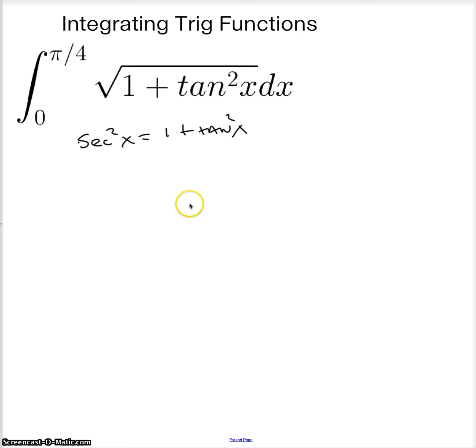Can I do that? Well, of course I can. So this becomes the integral from 0 to pi over 4, the square root of secant squared, which is just secant. As it turns out, we're positive here, so we don't have to worry about our absolute values.